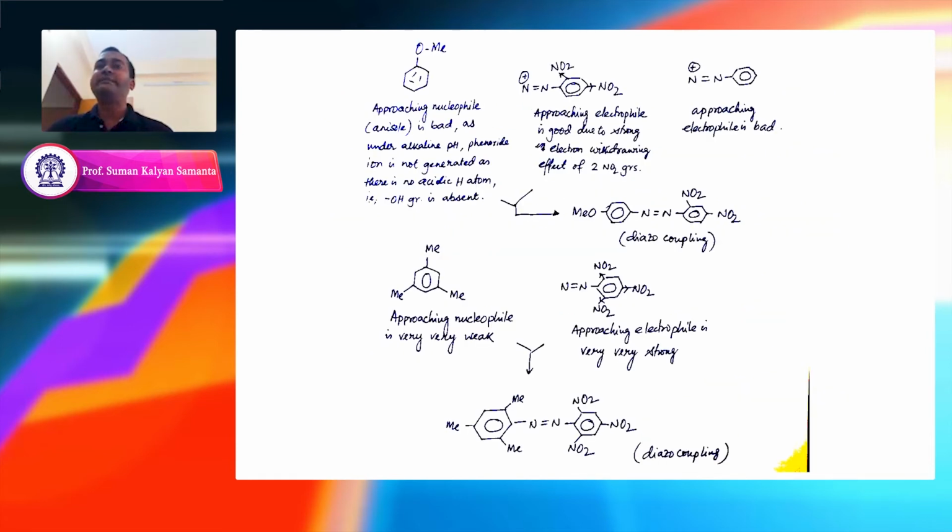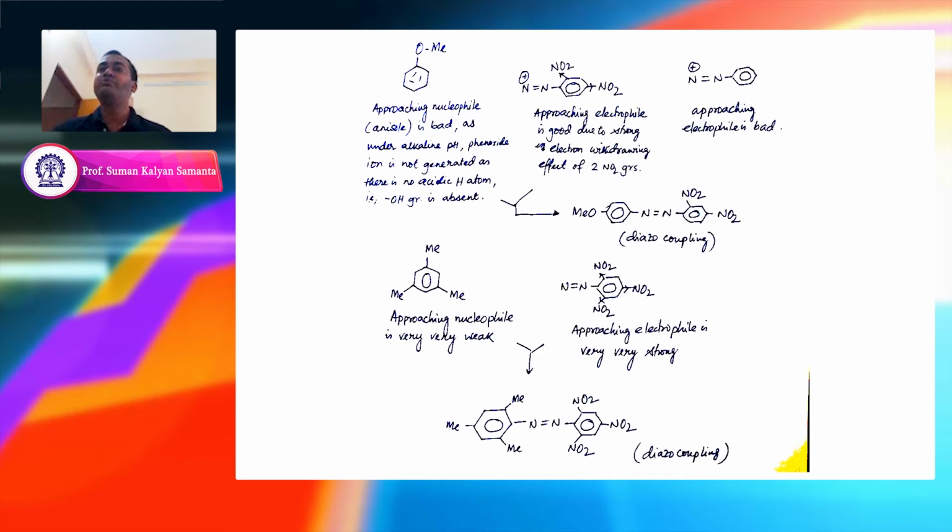So if it is mesitylene, it is 1,3,5-trimethylbenzene. In mesitylene there is no OMe or OH group, so there is no electron-donating plus R effect, only plus I effect. So it is very weak in terms of a nucleophile.